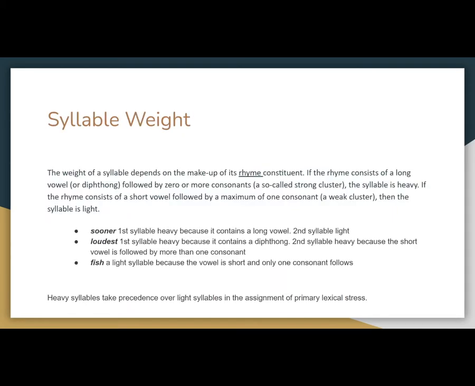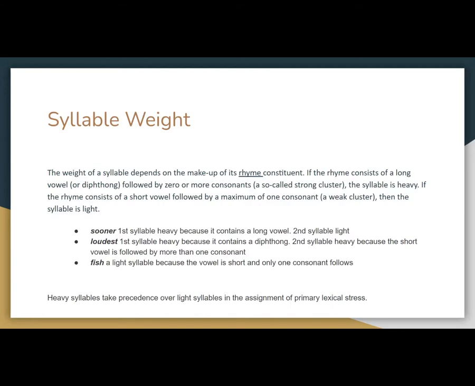Syllable weight, which I believe in Professor Pock's lecture you'll go over quite a bit more. We have syllables in every language, and we have syllable weight. And that depends on the rhyme constituent. Remember, the rhyme of a syllable is the nucleus and the coda. So the middle part and the optional third part.